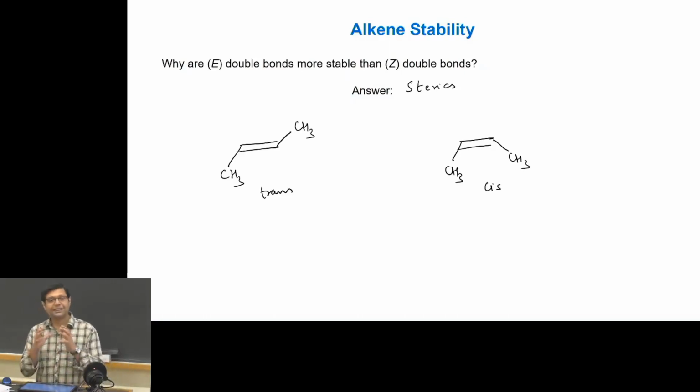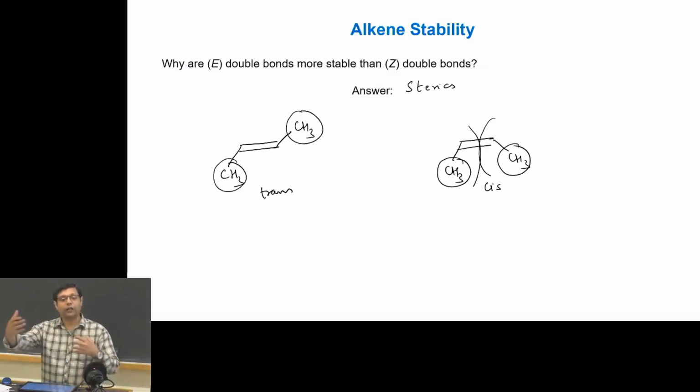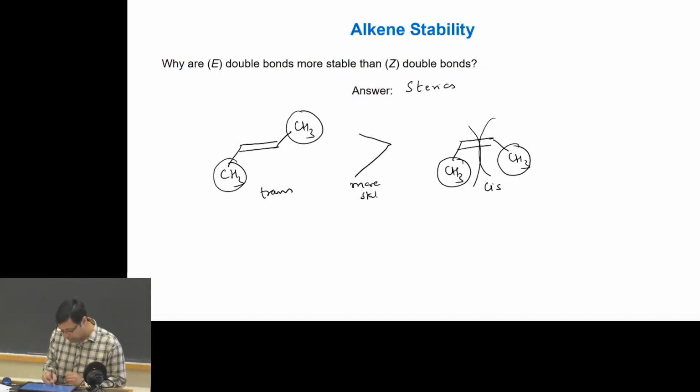Now when you have a cis double bond where the groups are on the same side, they are going to fight for space, they're going to bump into each other. On the other hand, in a trans double bond, the groups are far enough, they are on opposite side, so they're not fighting for space. That is why a trans double bond is more stable than a cis double bond.